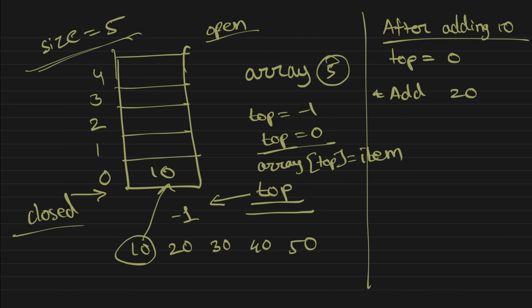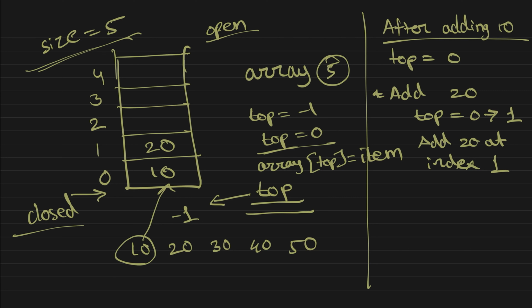What I would do is again increment my top, which will change from 0 to 1, and then I'll add 20 at index 1. So this 20 here would be added at index 1.